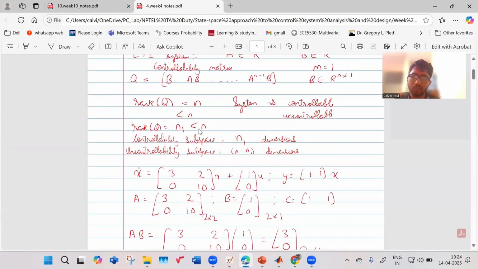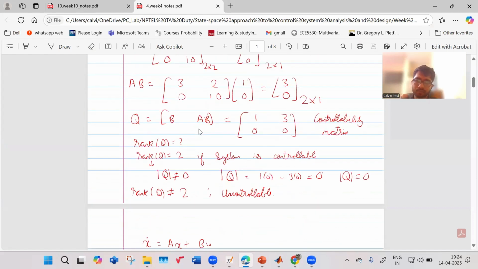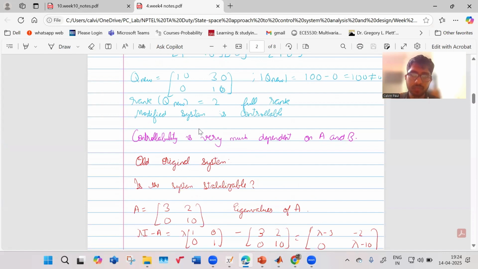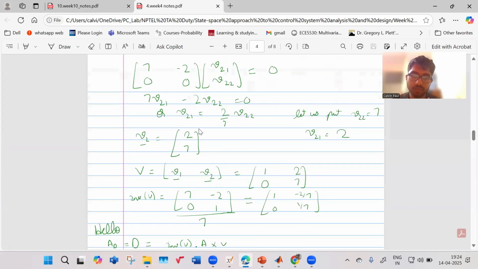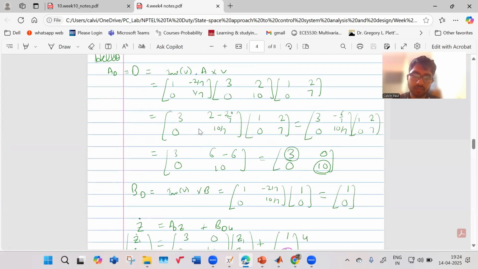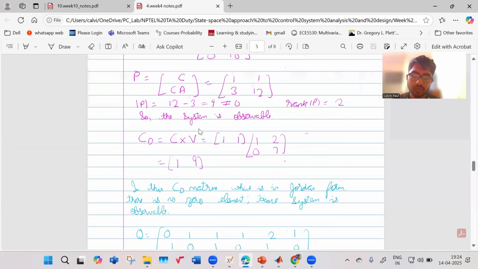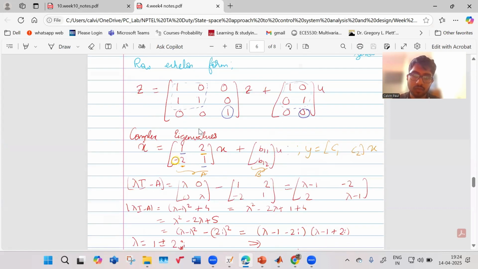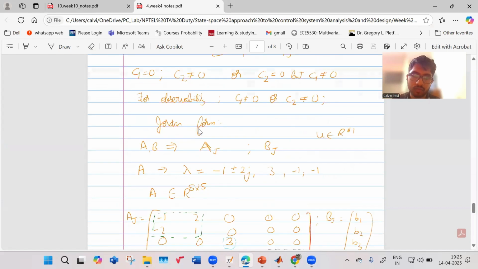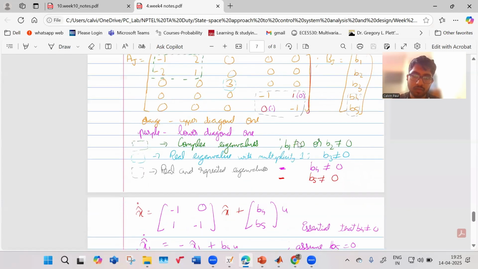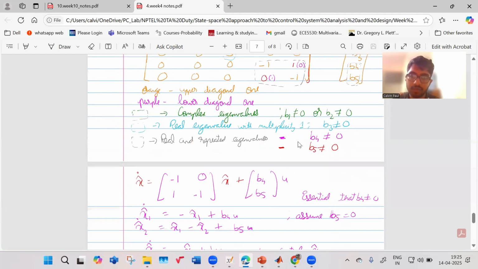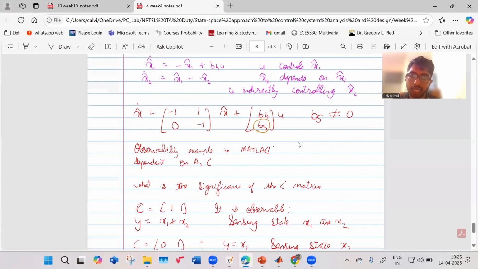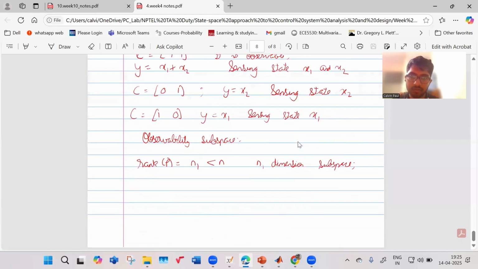Controllability subspace, uncontrollability subspace, the rank, stabilizability, detectability, observability, Jordan form, eigenvalues, eigenvectors. Now when we convert it into a Jordan diagonal form, it enables us to check whether the system is controllable or not controllable. It helps us to see for different values of eigenvalues and eigenvectors.